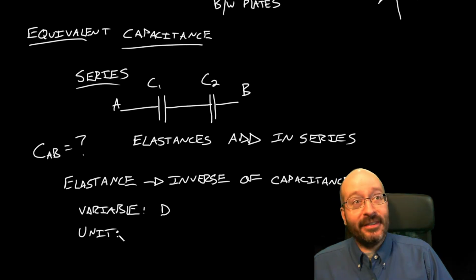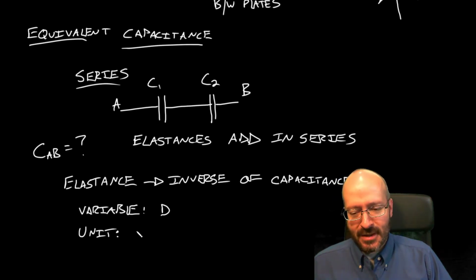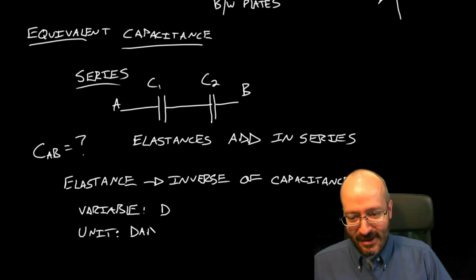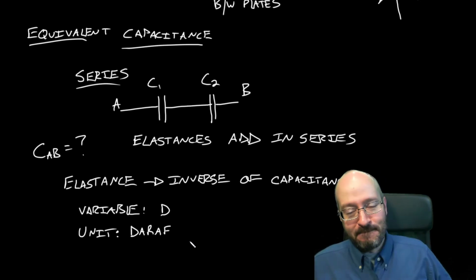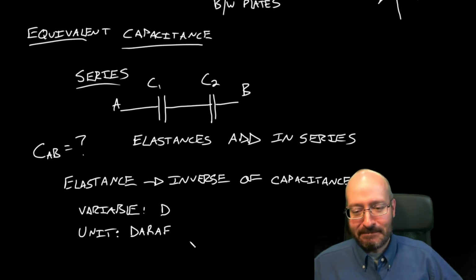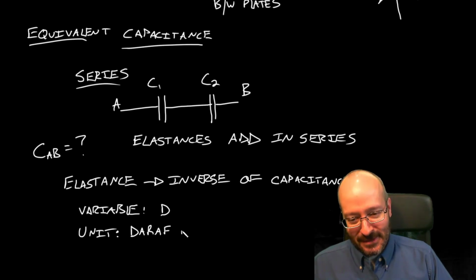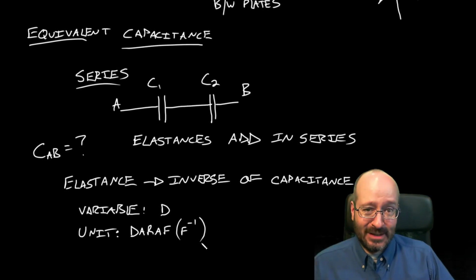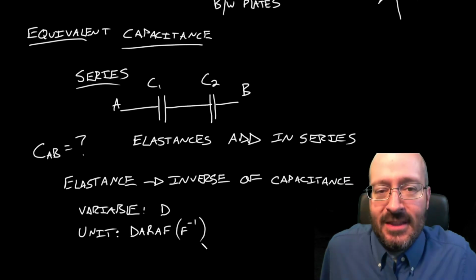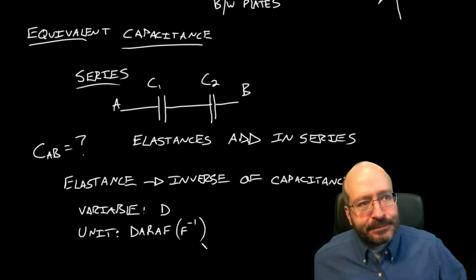The unit of elastance is, well, it's the inverse of capacitance, so it is the daraf. It's just farad spelled backwards. Anyhow, we notate the unit as F to the -1, since that's effectively what it is. It's the inverse of the farad.